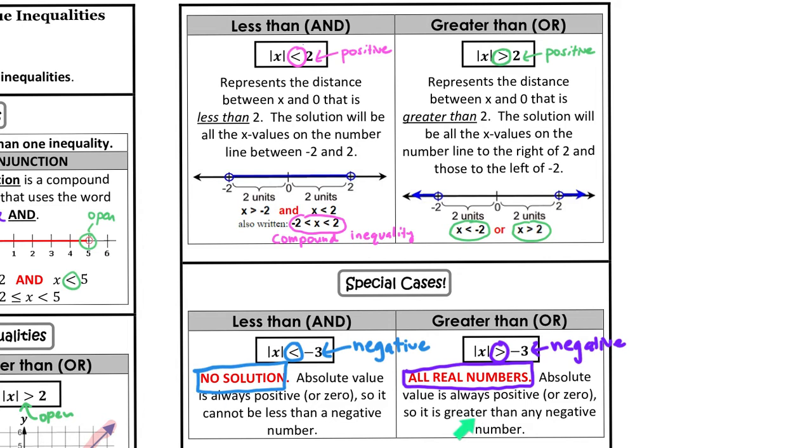So it's always going to be greater than a negative number. So no matter what you pick as an x, this statement's always going to be true. So this statement is always true. And this one on the left is always false.